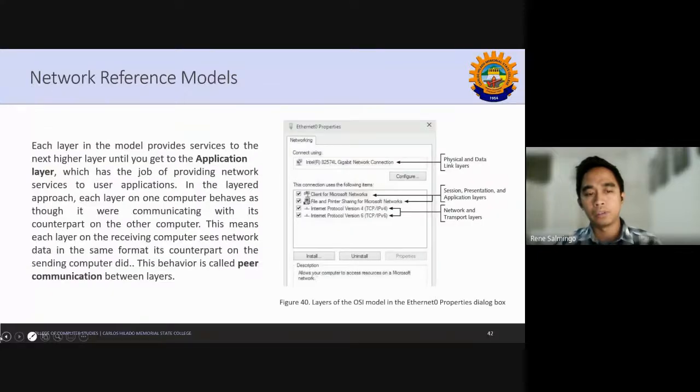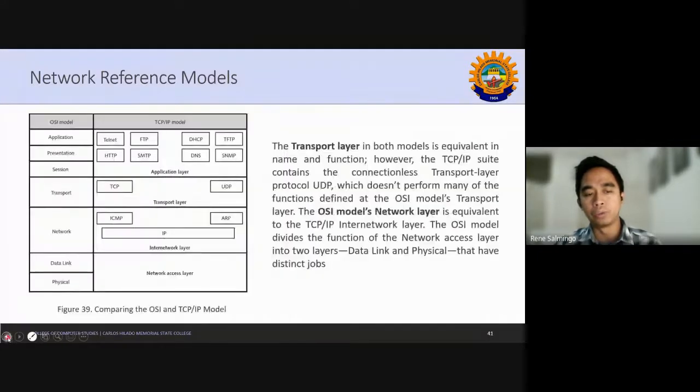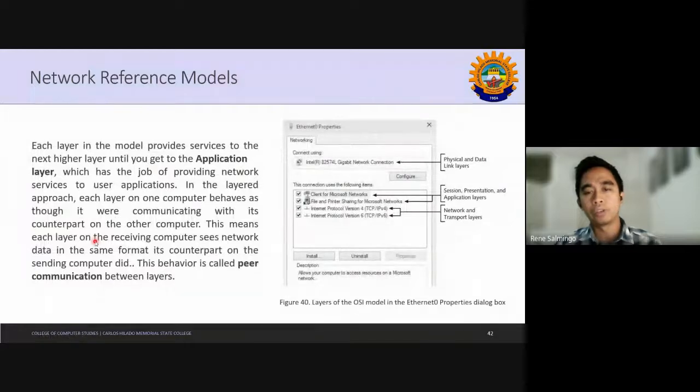Now, if we are going to go with your computer, how do we see your properties? We'll try to show you how.